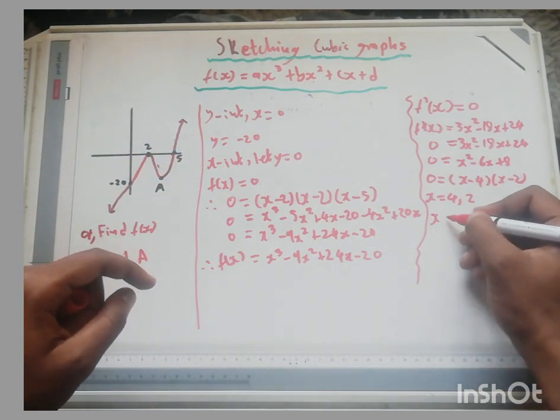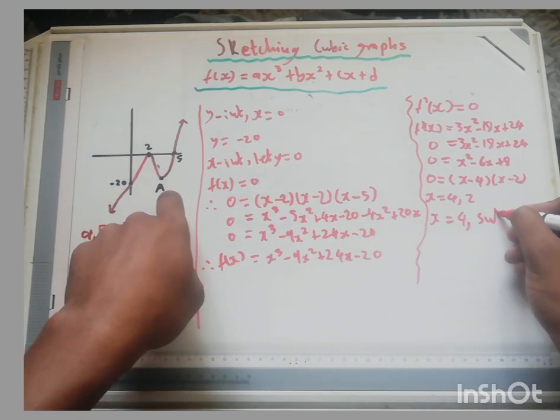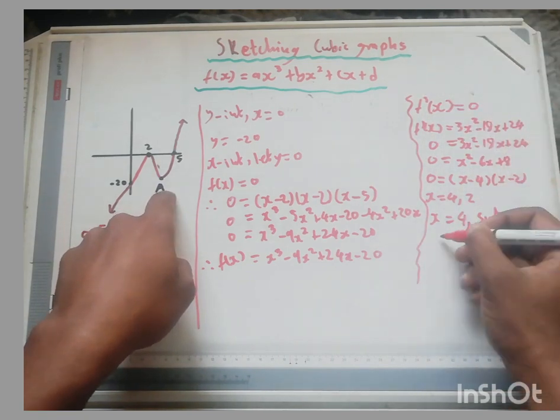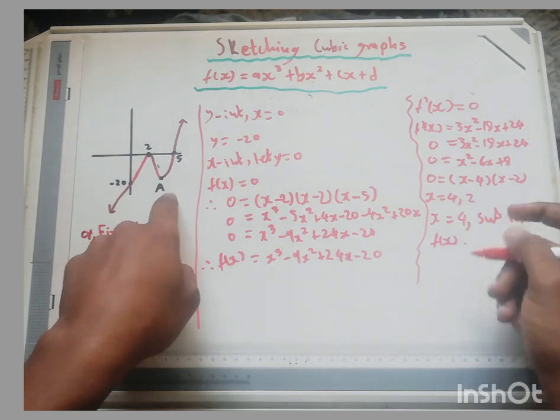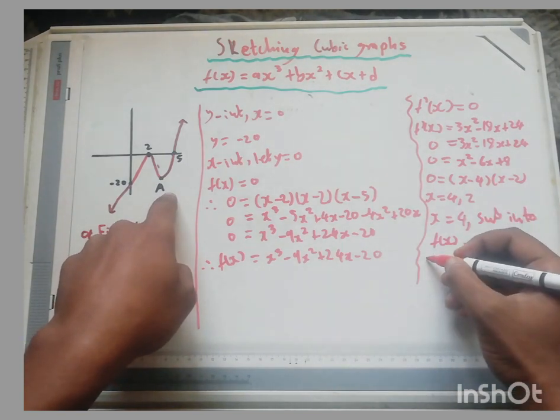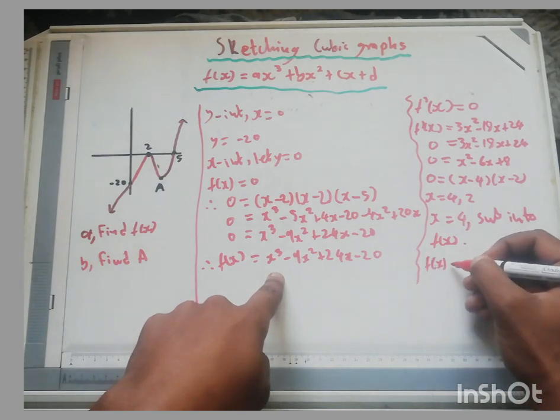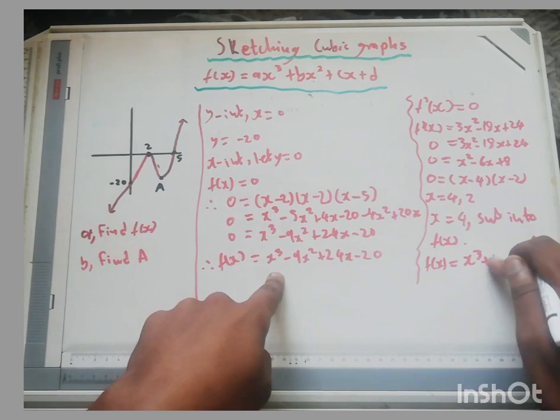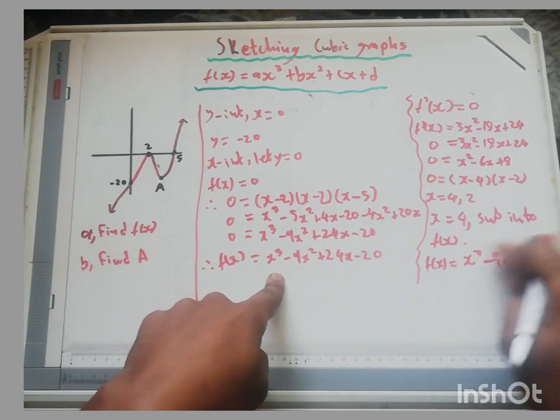So you take x equals 4 because it's the x-coordinate of A, and then you substitute it into not the first derivative but the original f of x. This is the original f of x, remember? Minus 9x squared plus 24x. Yeah, sorry.